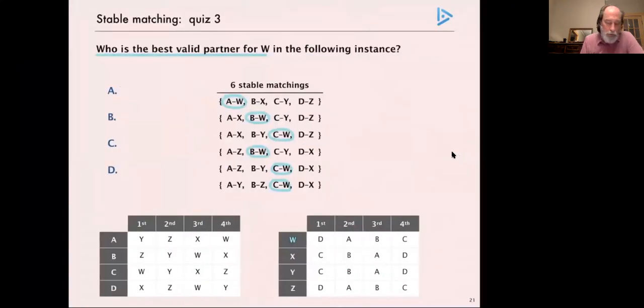Okay, now, as I said, we're going to use the notion of best and worst valid partners. So very quickly, here's a bigger example. I'm not going to go through details, but we want to know who the best valid partner for W is.